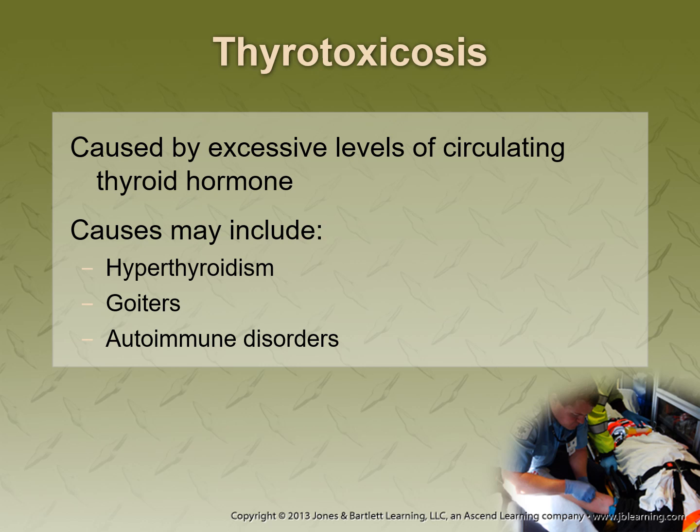So a lot of times when we're seeing this, we're thinking that it's just an SVT, and it's not going to respond the way we want it to. The patient will probably be in a fast sinus tachycardia that will look like an SVT.